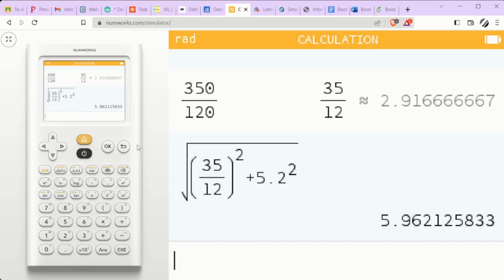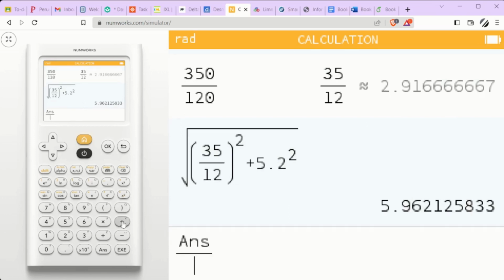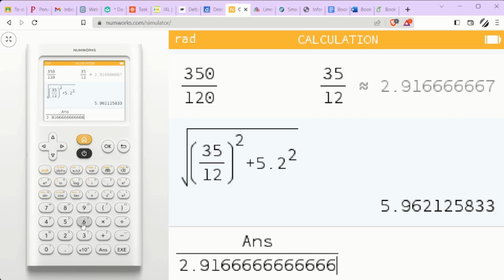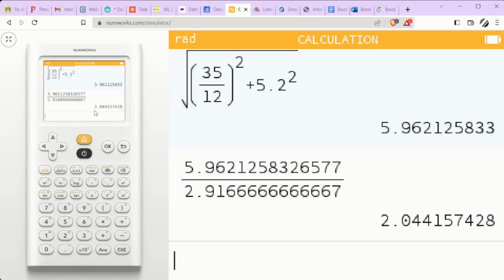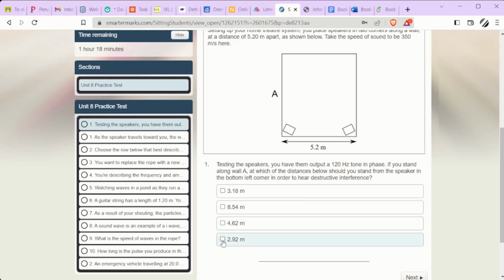So that's 5.96 meters. Now if we divide that by 2.92, that's two wavelengths apart. So that's not going to give us our 1.5. So that answer that is exactly one wavelength is a trap.